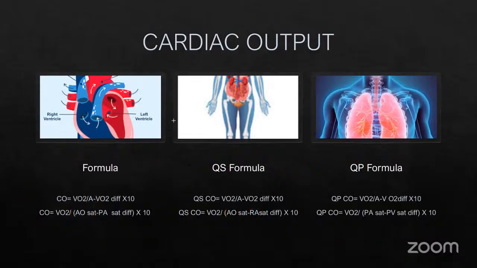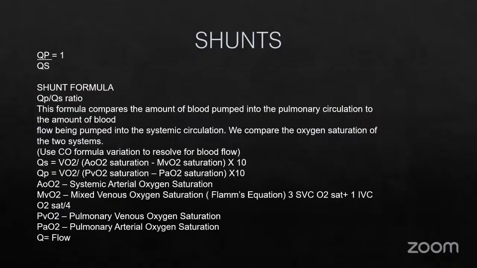All right, let me take all this off, and with this we're going to move on to the first sample in your packet, sample number 3. Before that, we saw this on the modules, right? We already established that for a shunt to exist, there has to be a difference between the pulmonary and the systemic flow, correct?